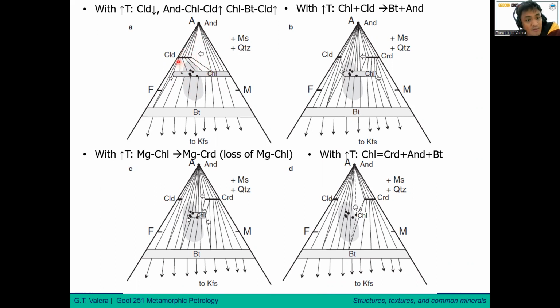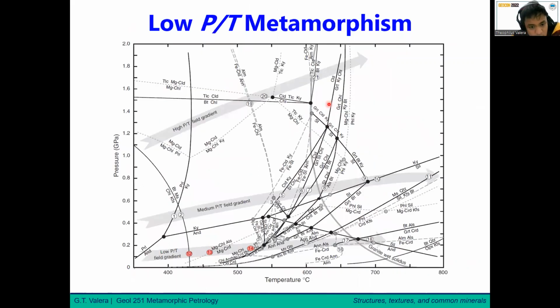Yan. Tapos, at the same time, yung chloritoid, biotite na field also increases. So, nagmo-move sila papunta dito at saka papunta dito. So, eventually, with increasing temperature, yung chlorite and chloritoid na tie line gets broken. And now we have a new tie line, yung andalusite and biotite. Okay? So, kaya yung reaction.